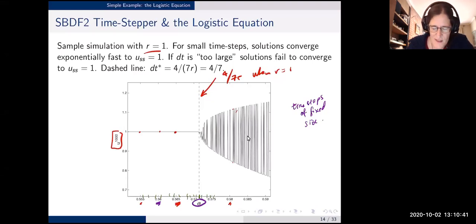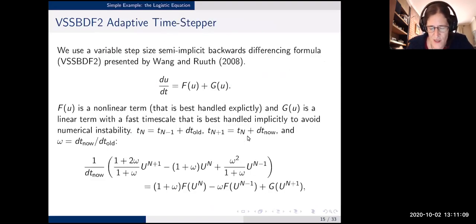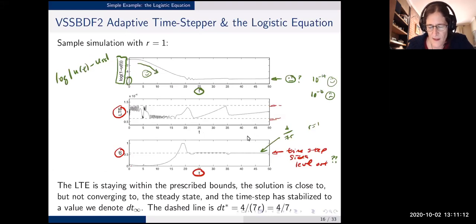If it were to take small time steps, then the local truncation error would get too small. If it takes too large time steps, then it loses accuracy. So the adaptive time stepper is precisely finding the stability threshold. With the logistic equation, you can compute the stability threshold, and so you can numerically demonstrate that the adaptive time stepper is finding it.